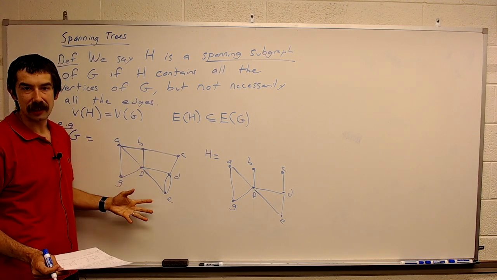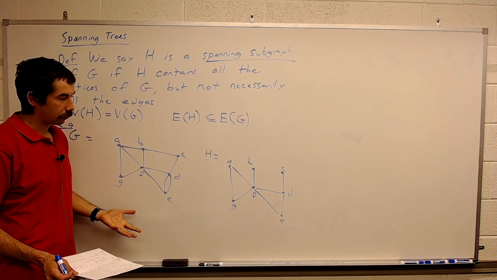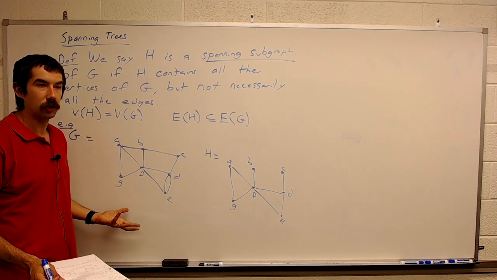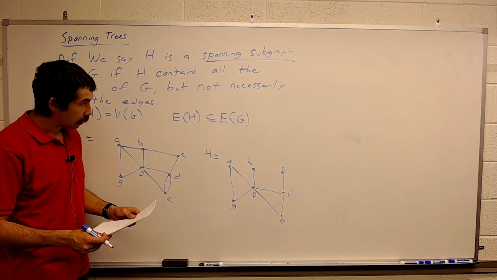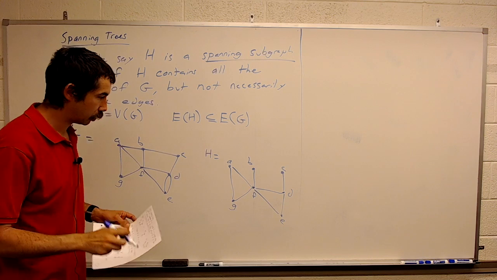They have the same vertex set. They both have A through G as their vertices. And H contains some of the edges of G and no new edges. Okay? So in this case, H is a spanning subgraph of G.